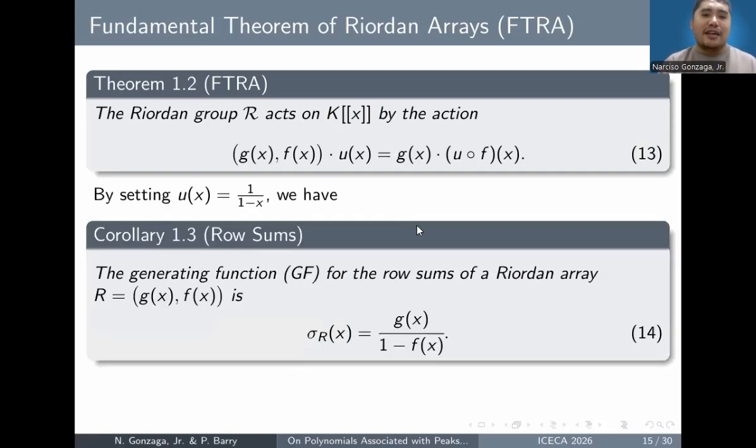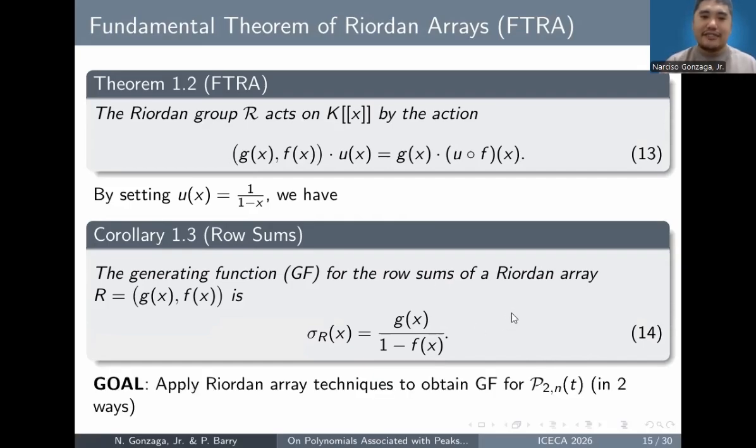And if you set our generating function u as the generating function with coefficients all ones, then you can get the generating function of the row sums of the Riordan array as shown in equation 14.